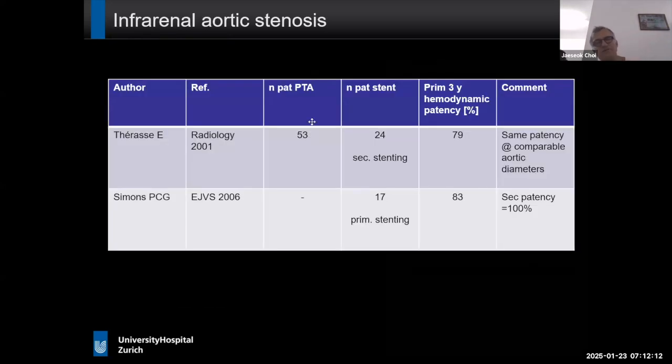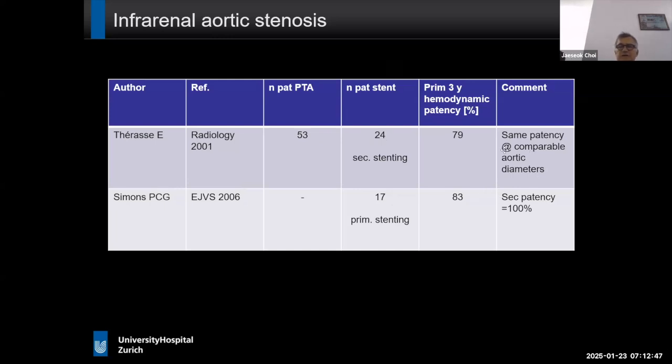Regarding infrarenal aortic stenosis, there's quite some literature about that, and there's that early study by Taft and Montreal, including lots of patients, and they did primary angioplasty, and if it didn't look good or there was still a pressure gradient, they would stent the lesion. On the other hand, more recently, people have done primary stenting, meaning they immediately place the stent without ballooning it, and after stent placement, the ballooning.